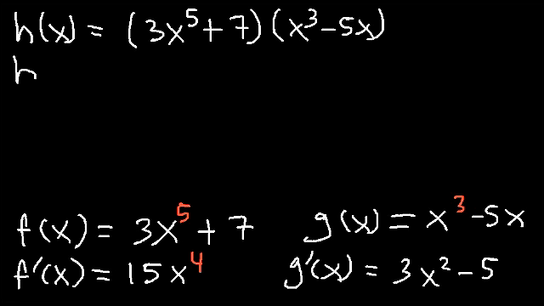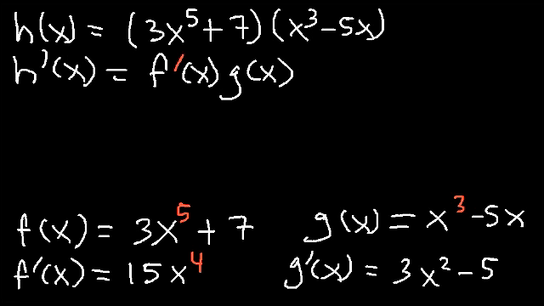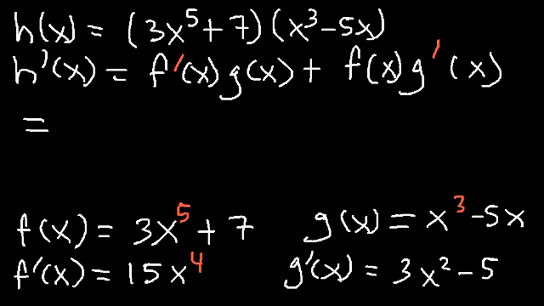So now we can find h prime of x, which is equal to f prime of x times g of x. Differentiate the first part, keep the second part the same, plus f of x, keep the first part the same, times the derivative of the second. So now we just have to insert it into the formula.